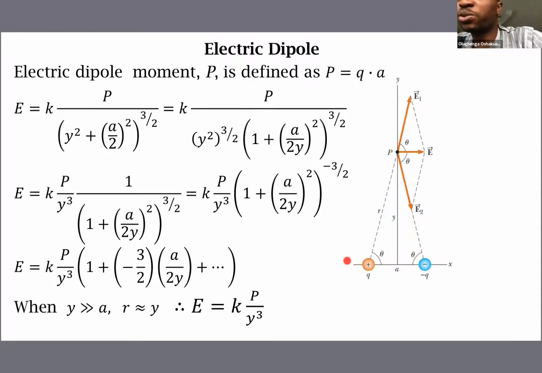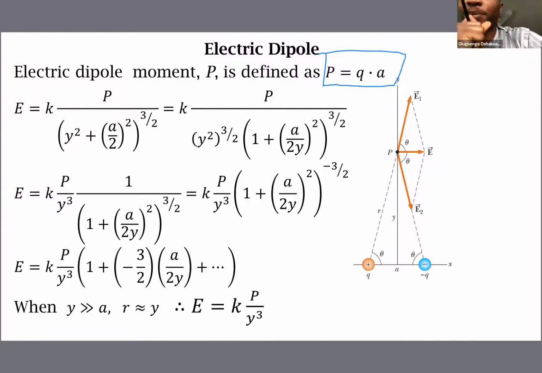So the charge Q and the distance of separation A, the product of the charge Q and the distance of separation A gives us what we call dipole moment, which is defined as P.